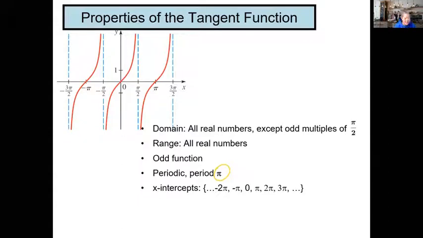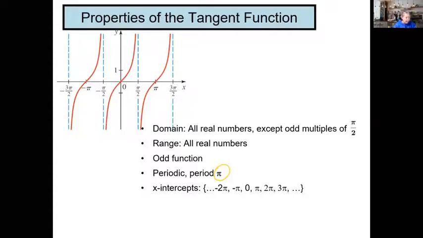Then also the zeros, in other words the x-intercepts, are 0, pi, 2 pi, 3 pi in the positive way. And the left side of 0 will be negative pi, negative 2 pi, negative 3 pi.